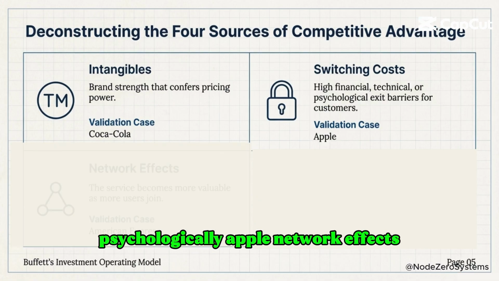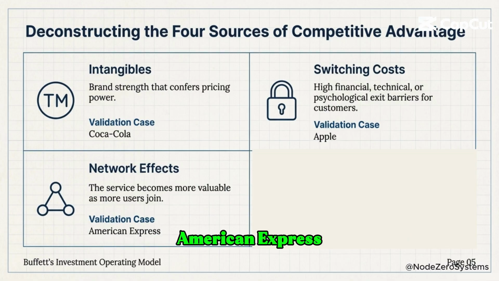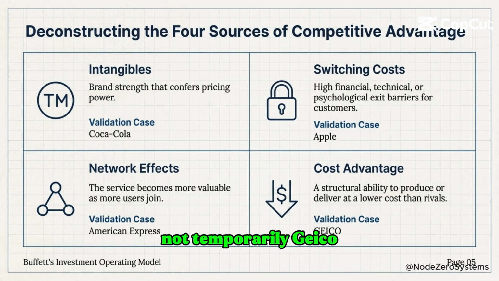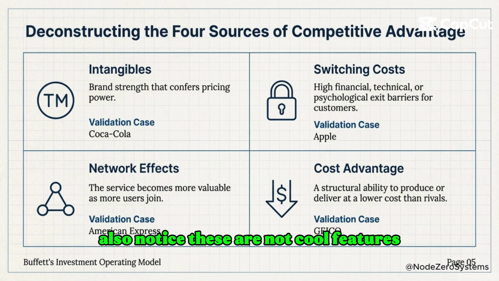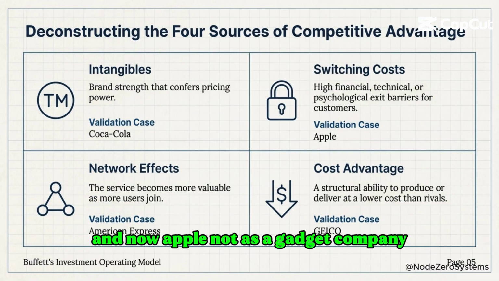Apple. Network effects. Every new user makes the product more valuable. American Express. Cost advantage. You can deliver cheaper structurally, not temporarily. Geico. Also, notice these are not cool features. These are economic weapons.